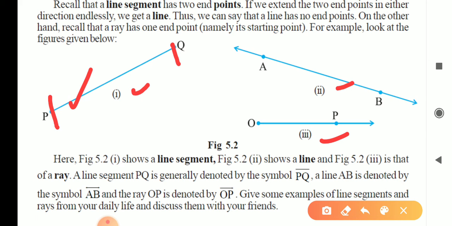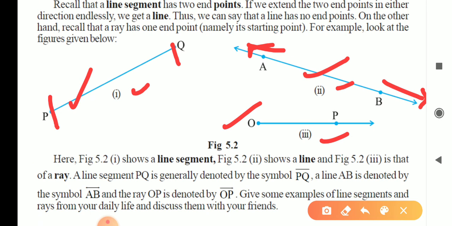So this is a line segment. In the second figure, AB is a line because it goes endlessly in direction B as well as in direction A. And the third is a ray.